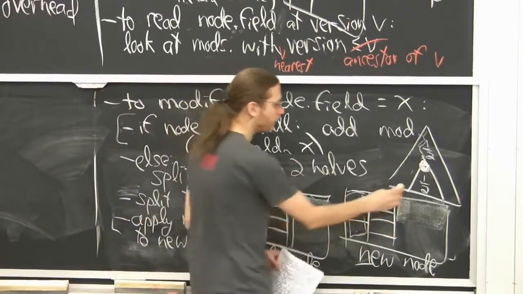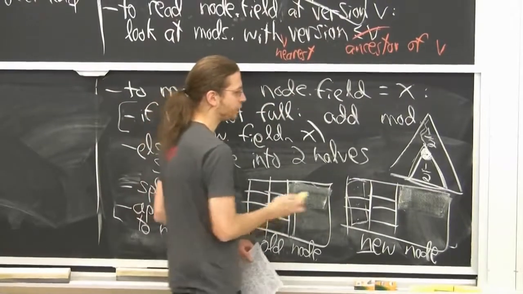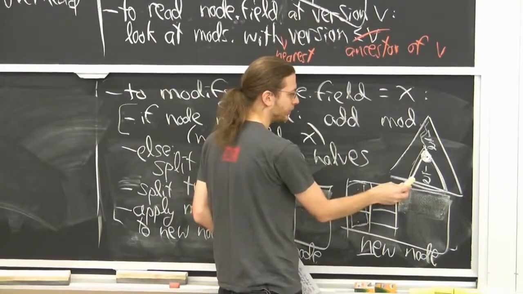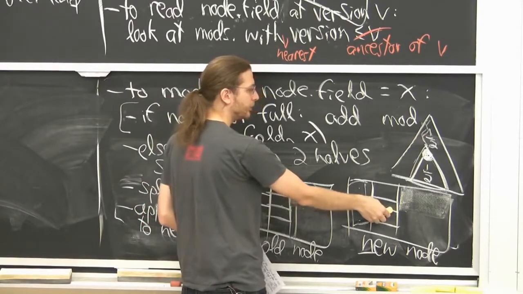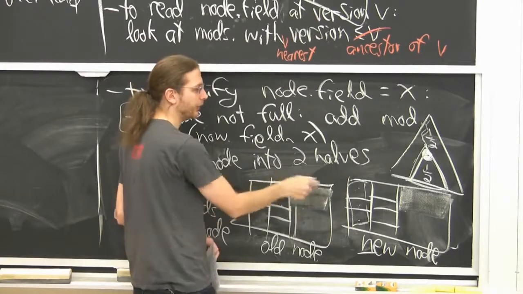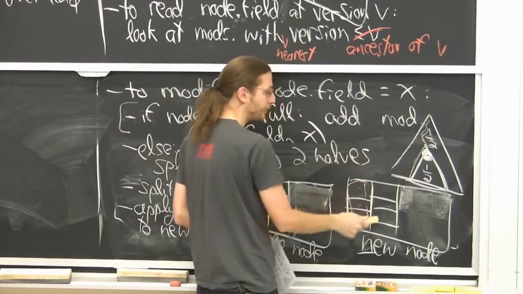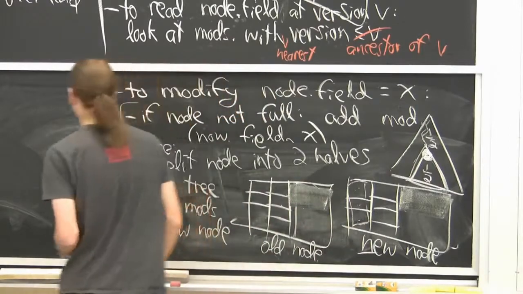So for all of these versions, I want to change the pointer that used to point to old node so it now points to new node. In these versions, it's fine. It should still point to old node because this represents all those old versions. But for the versions in the subtree, we've got to point here instead.